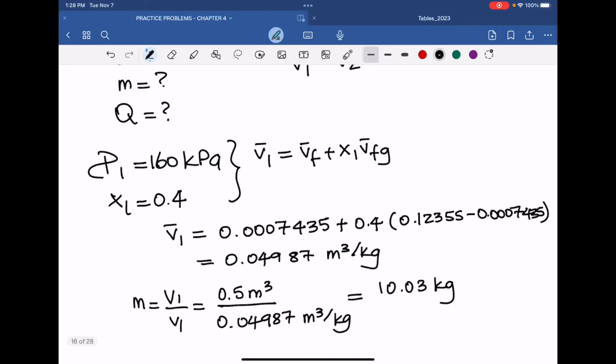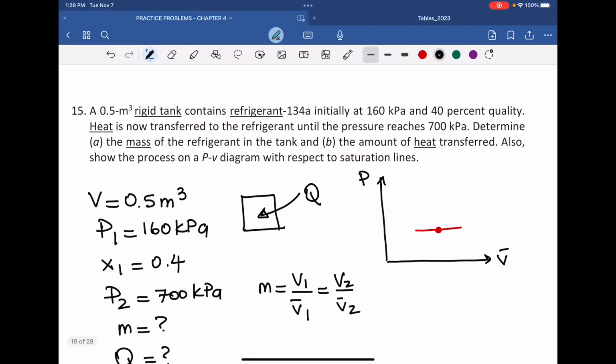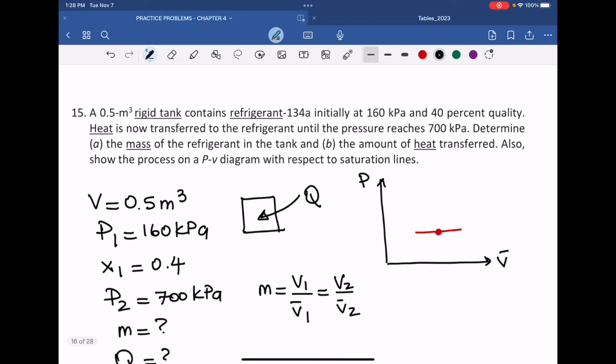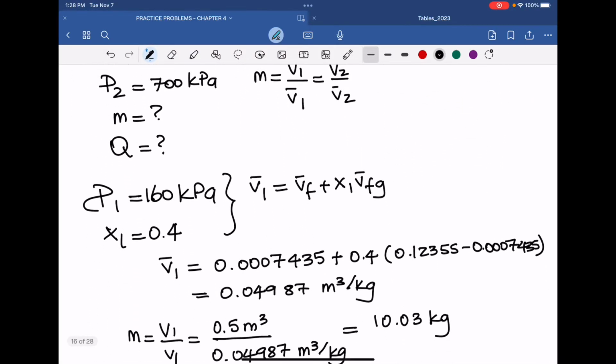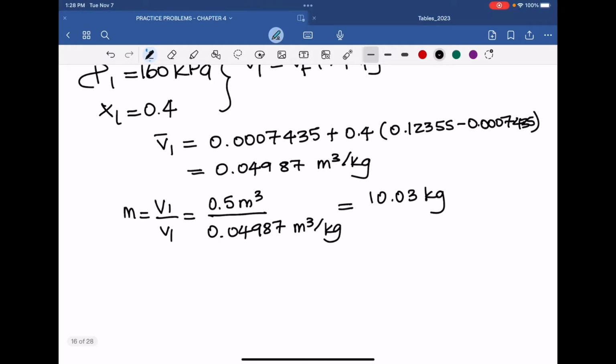The next thing they're asking for is the amount of heat transferred. So the only way to find it is writing an energy balance, and from there we can figure it out. The only energy interaction is heat getting in, changing the internal energy of our system.